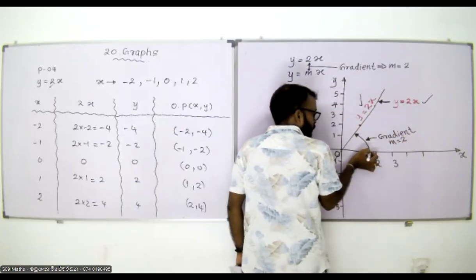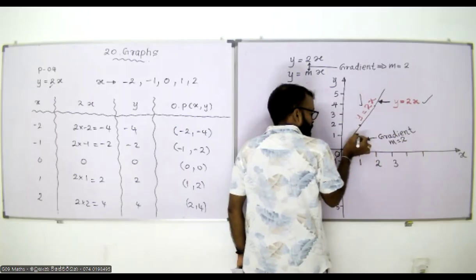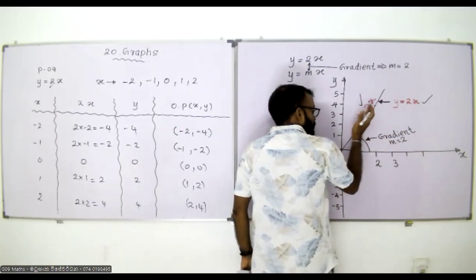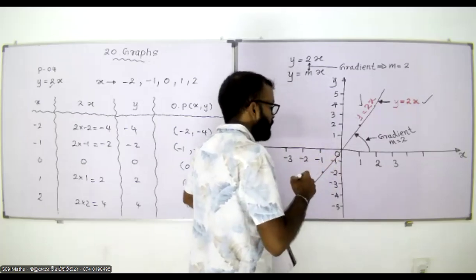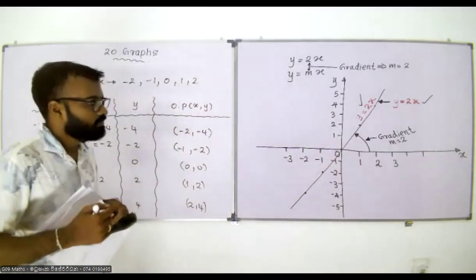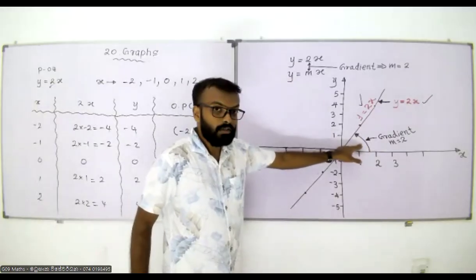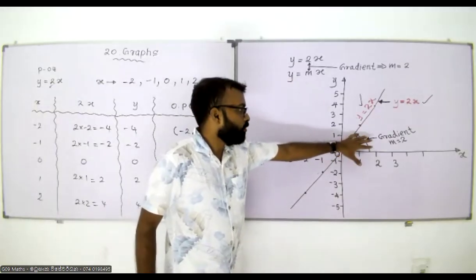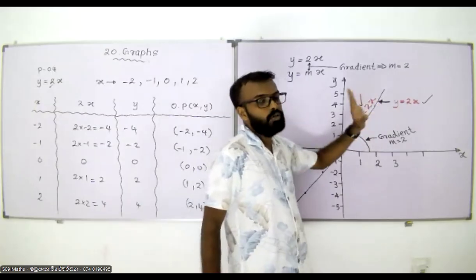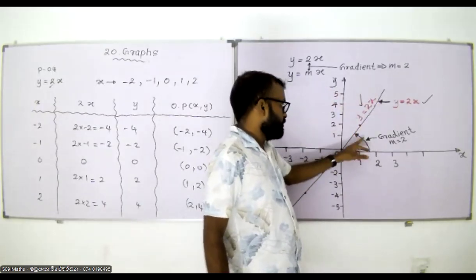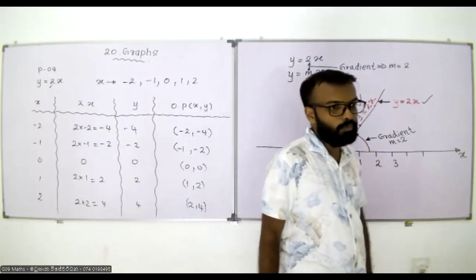We are going to measure it this way, from the x-axis: how much slope your straight line made. No need to mention this one. Each and every graph makes its own angle, but this red part you need to mention. This is for you to understand. The gradient is this slope, this angle.